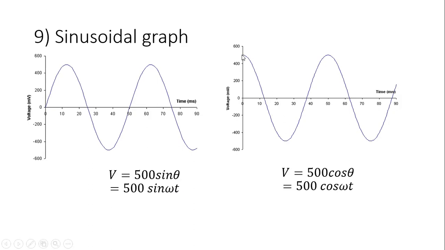Amplitude is 500. Time is in milliseconds. Then omega t. You should be able to find the period from here also and find the value for omega. Period is just here, 50, from 0 to here, or you can take it from here to here, same thing.